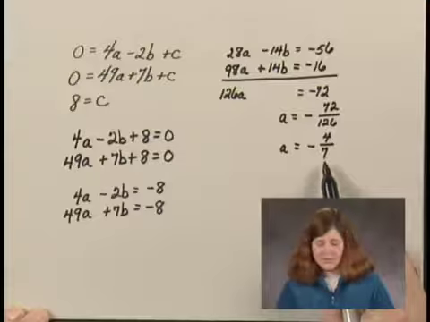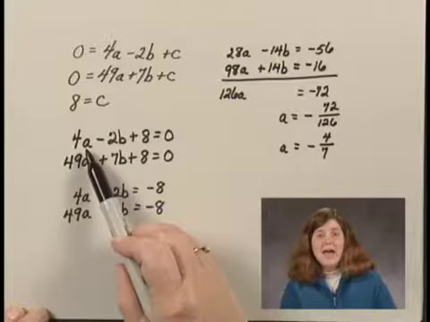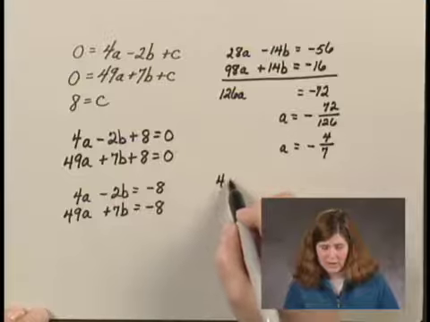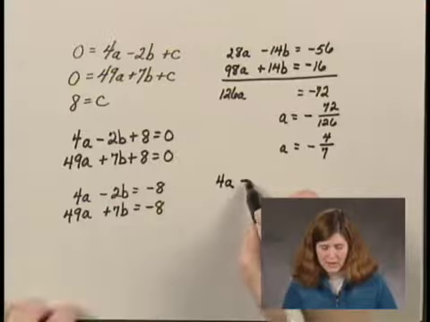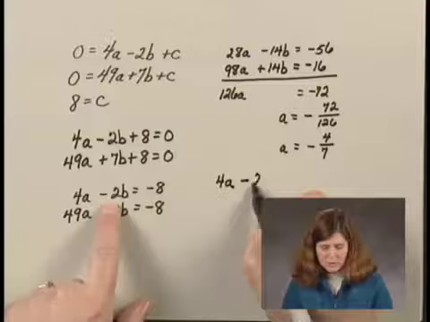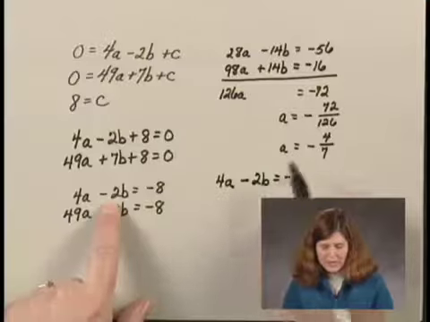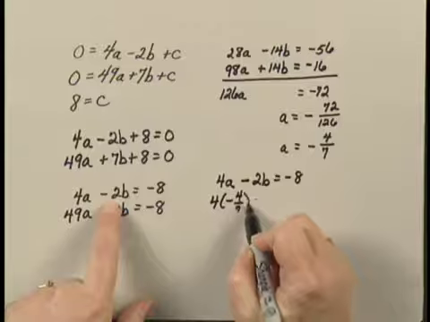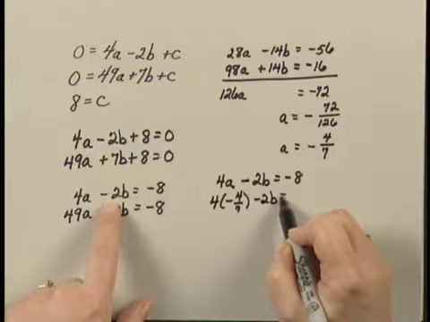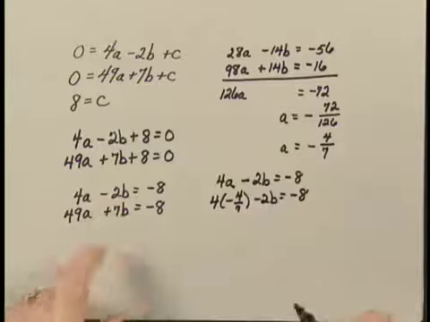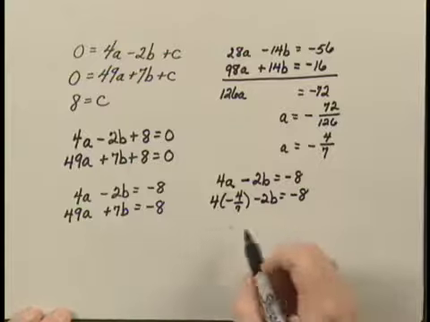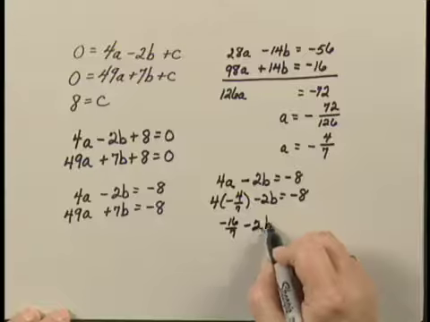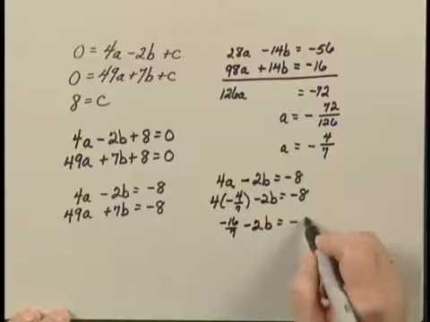Now, if a is -4/7, I can substitute that for a in the first equation, 4a - 2b = -8. So I have 4 times -4/7 minus 2b equals -8. This gives me -16/7 - 2b = -8.